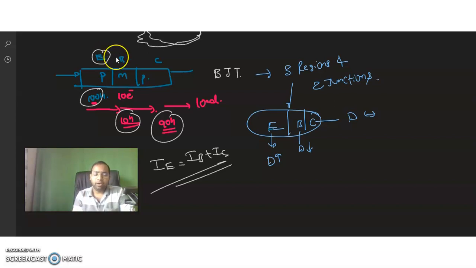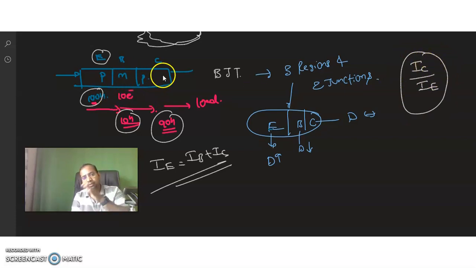Understood? Out of the total number of emitter charge carriers, how many are entering into the collector? That is called emitter injection efficiency. That means simply we can take it in expression form like this. Emitter injection efficiency is equal to IC by IE.